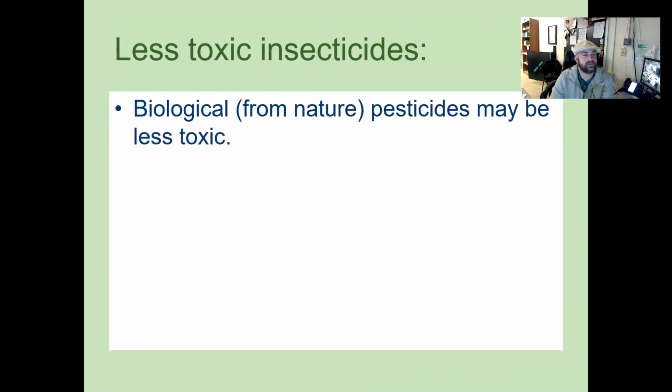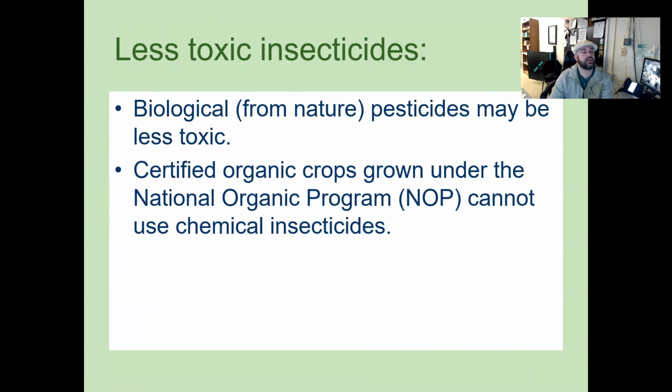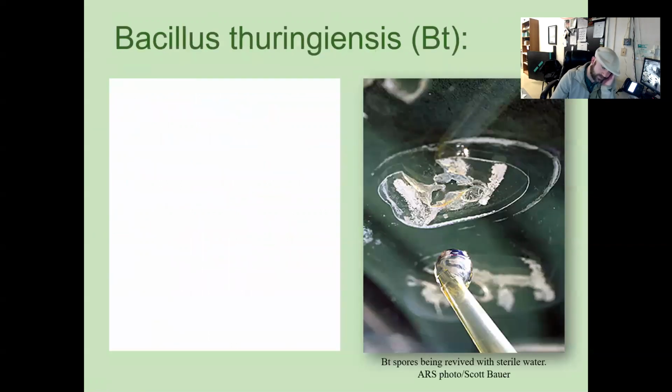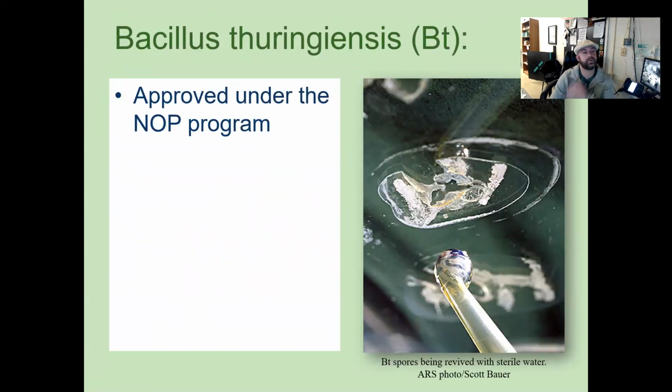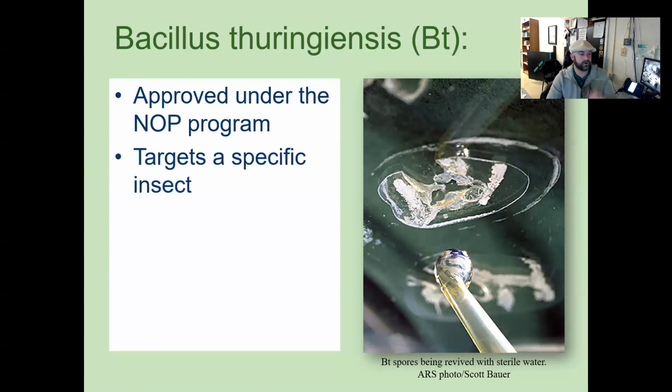So less toxic insecticides, biological pesticides may be less toxic. Certified organic crops grown under the National Organic Program cannot use chemical insecticides. And I'm just talking a little bit about Bacillus thuringiensis. This is approved under the NOP program.